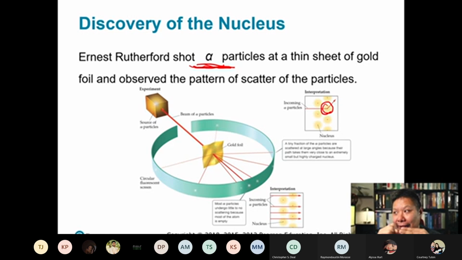And when the alpha particles didn't go through the center but went around it, you knew there were no other positive particles anywhere else in the atom but the center, because they didn't get deflected. And so from that, Rutherford discovered the nucleus of an atom, using alpha particles.